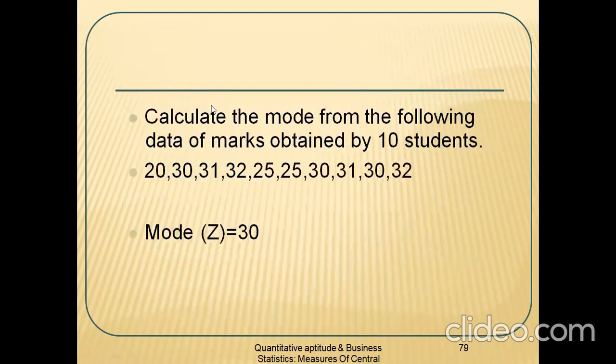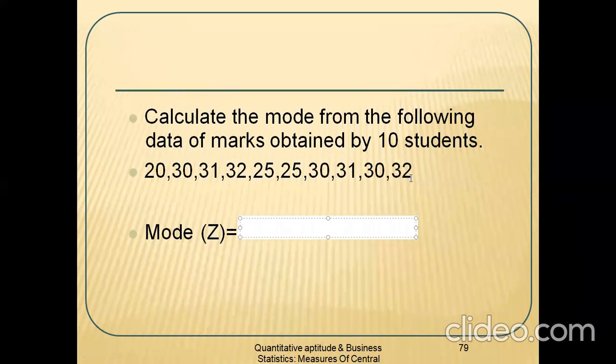Now there is an illustration given to you. The illustration is 20, 30, 31, 32, 25, 25, 30, 31, 30, 20, 32. In the given set of observations, if you observe, number 30 is repeated n number of times.